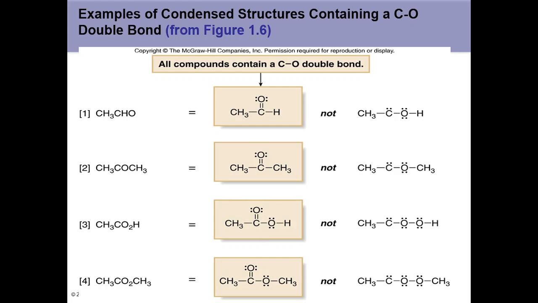When you have a CO double bond, sometimes it can't be easily seen. The number of hydrogens on the carbon can help you determine whether it's a double bond or single bond. For example, CH3CHO: if you believe that this is just going to be CH3, which is relatively easier, carbon with 3 hydrogens, bound to a carbon, and carbon bound to oxygen, oxygen bound to a hydrogen.